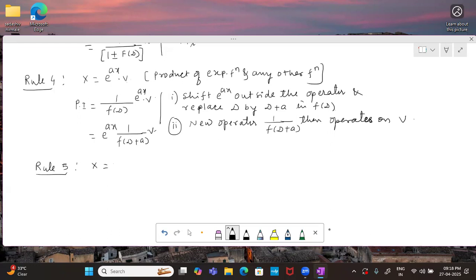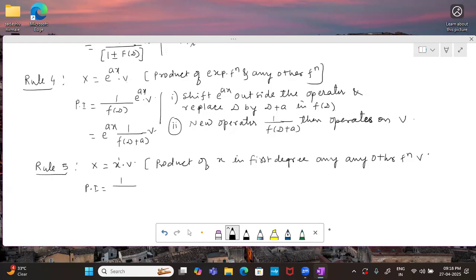Capital X is x into V. Again, it is a product of x in first degree, x must be in first degree, and any other function V. So the rule is PI is equal to 1 upon f of D operating on x.